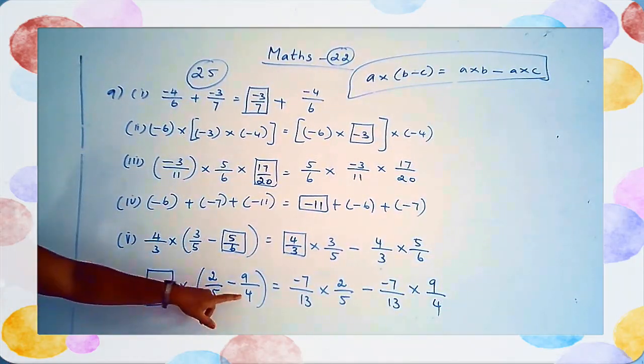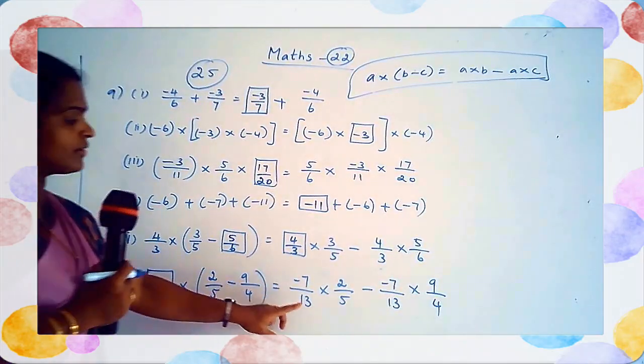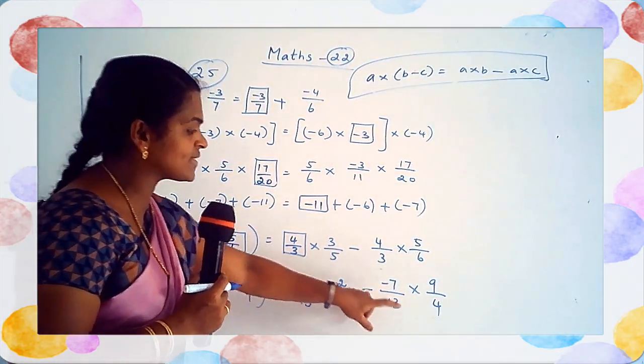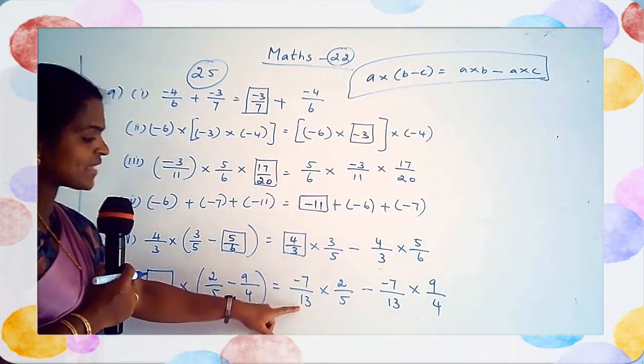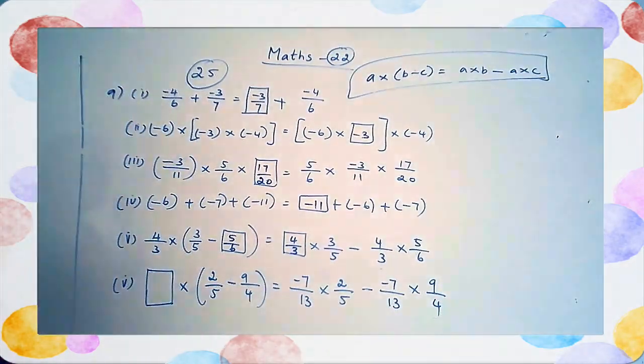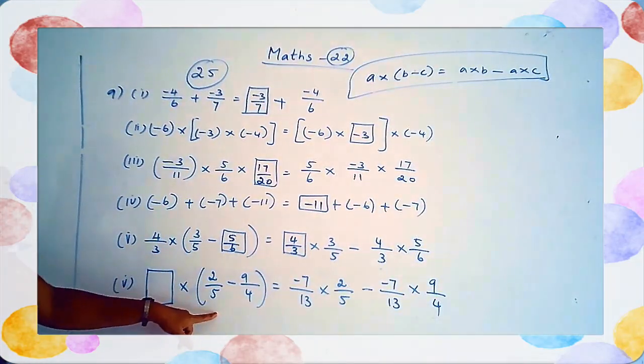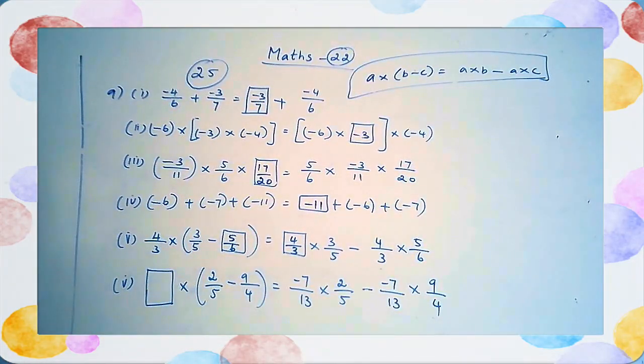That means B and C are given. Okay? Here A into B minus A into C. So here A is equal to minus 7 upon 13. Okay, children? Do you understand? Which property is this? Distributive property of multiplication over subtraction. Okay?